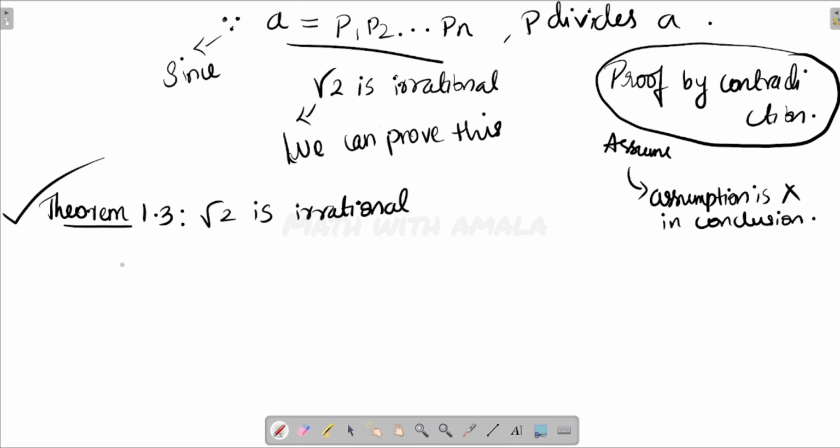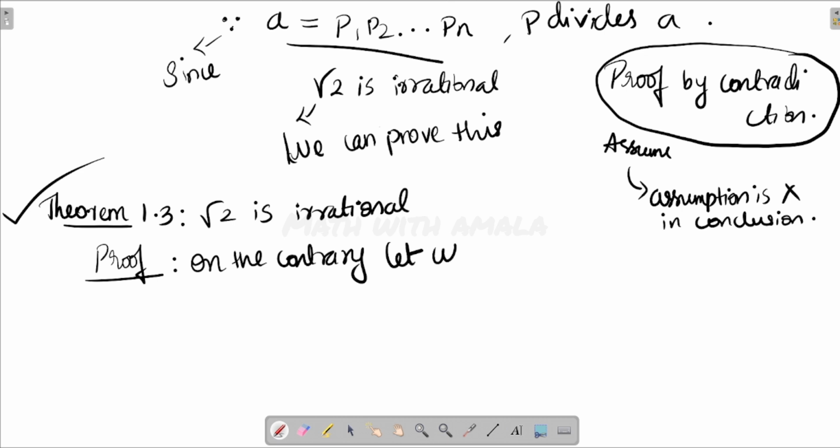We have to prove that root 2 is irrational through the assumption and the contradiction method. Now let's see how to prove this. Root 2 is irrational. In order to prove this, on the contrary, you can assume that root 2 is rational.